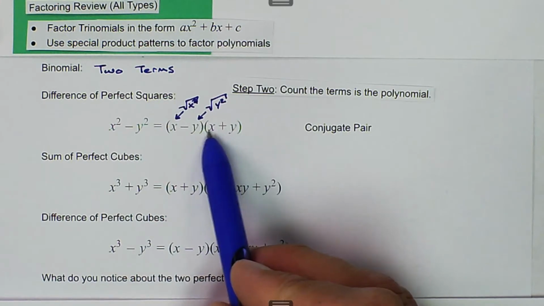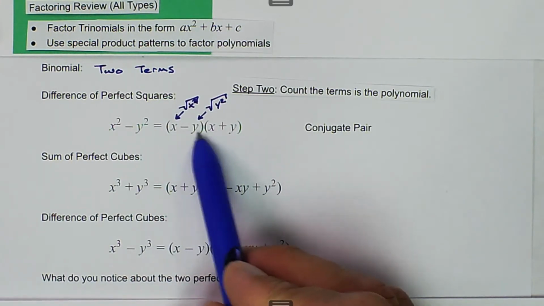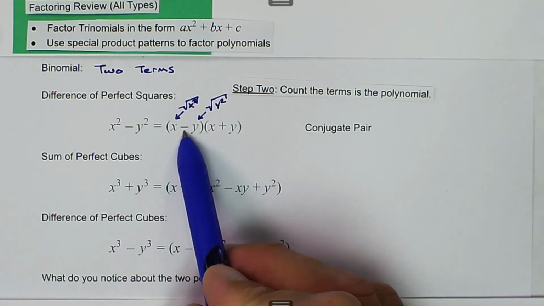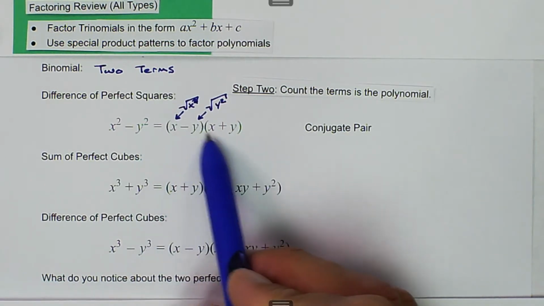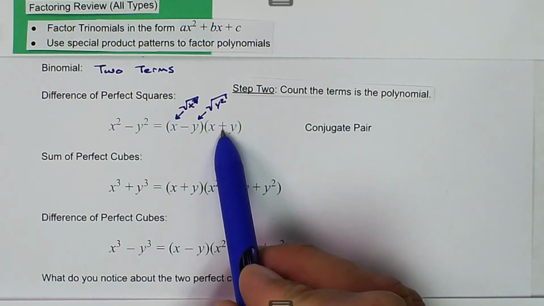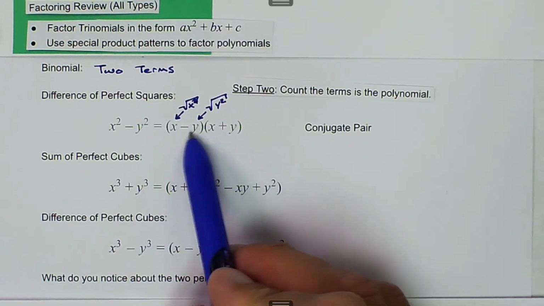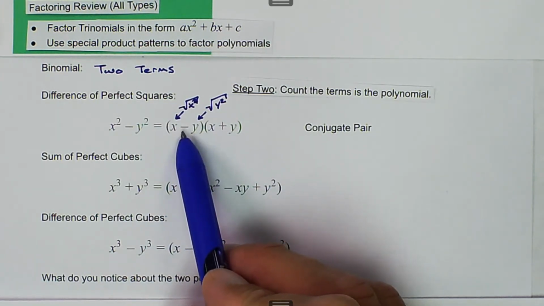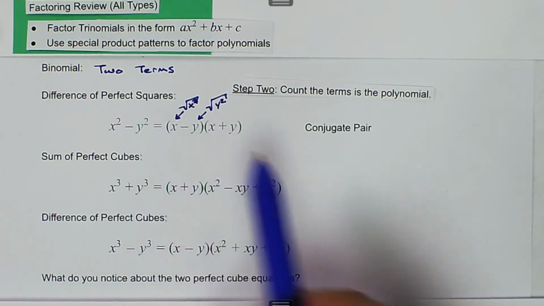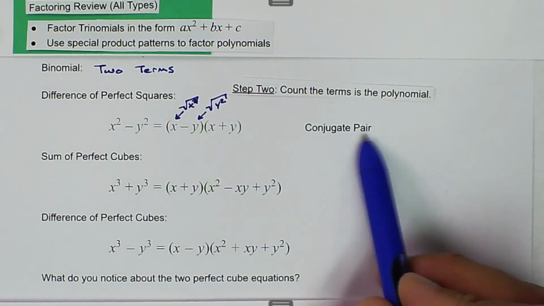And then the pattern repeats itself, so it has the same first term and the same second term. The only thing that changes is we have a minus sign for one of the binomials and an addition sign for the other binomial. It doesn't matter if we put one or the other first, just as long as we have one subtraction and one addition. And that is our conjugate pair.